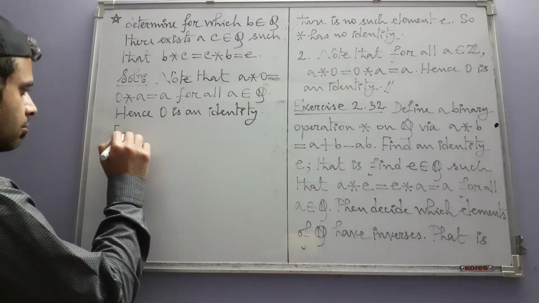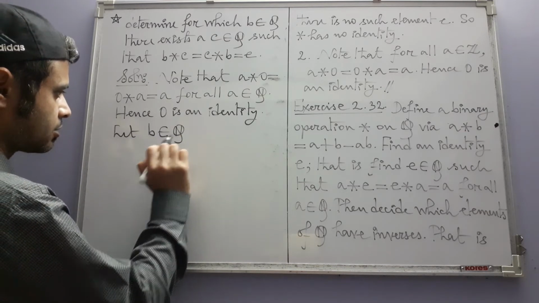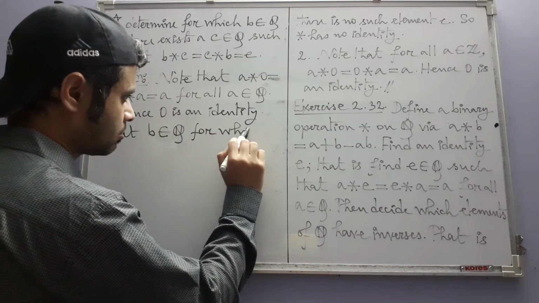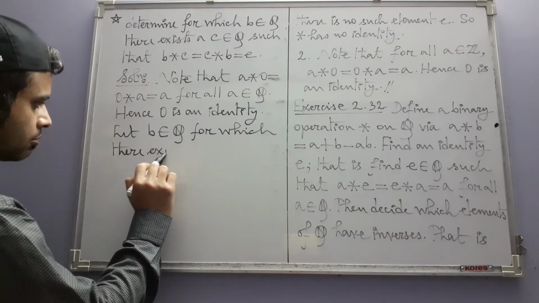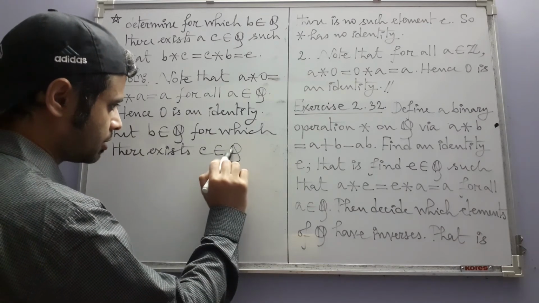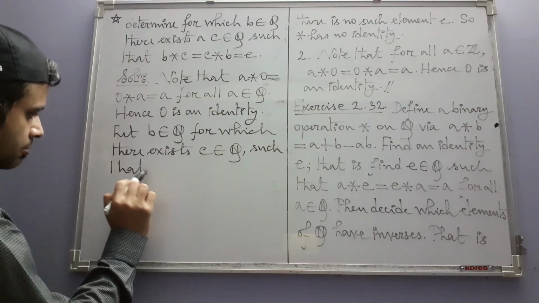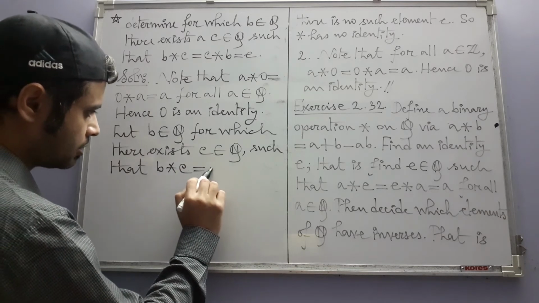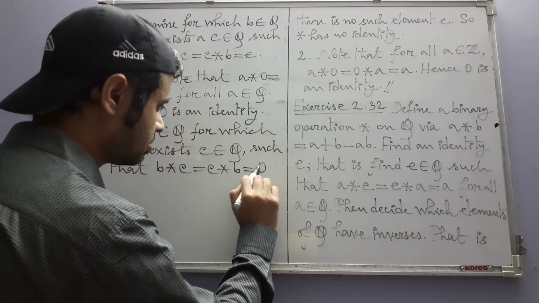Let B be a rational number for which there exists a rational number C such that B star C equal to C star B equal to our identity, that is 0.